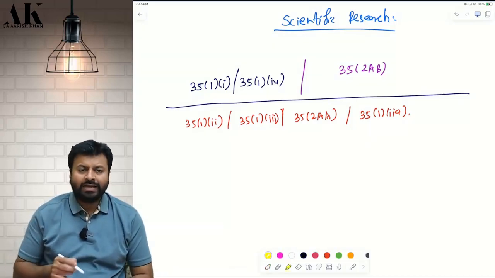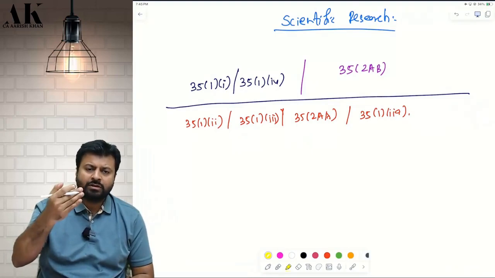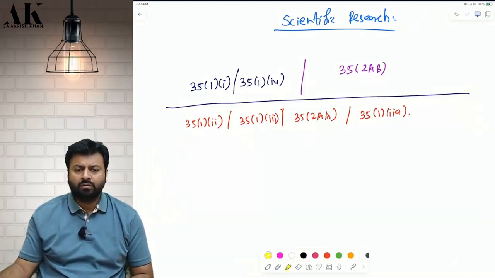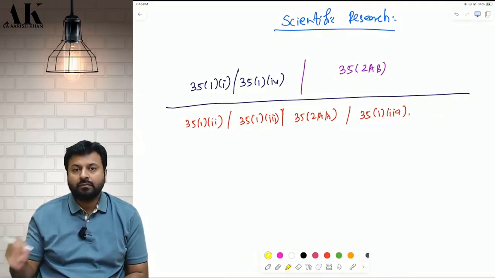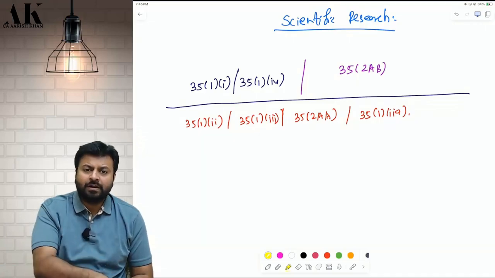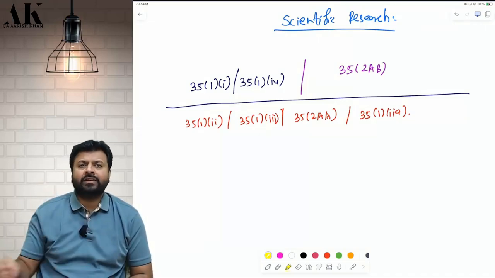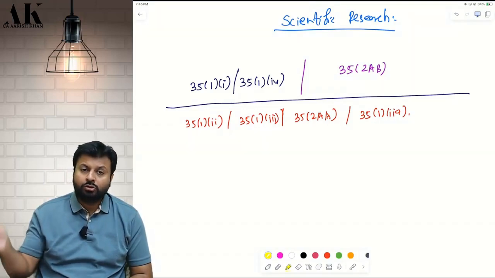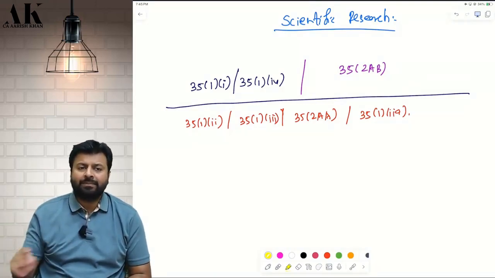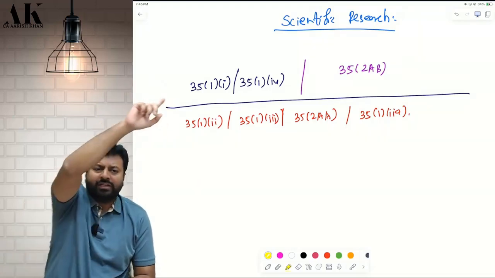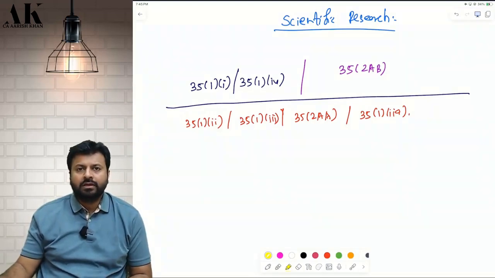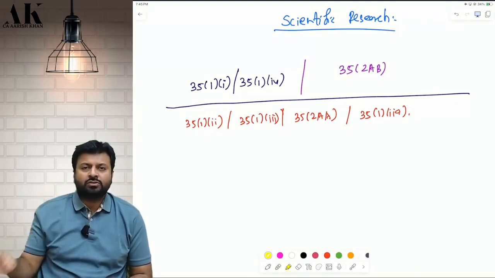First of all, why have I drawn a line and written a few sections above and a few below? The sections above the line are relevant to those people who do scientific research in their business. If you are engaged in scientific research, those 3 sections would be relevant for you.